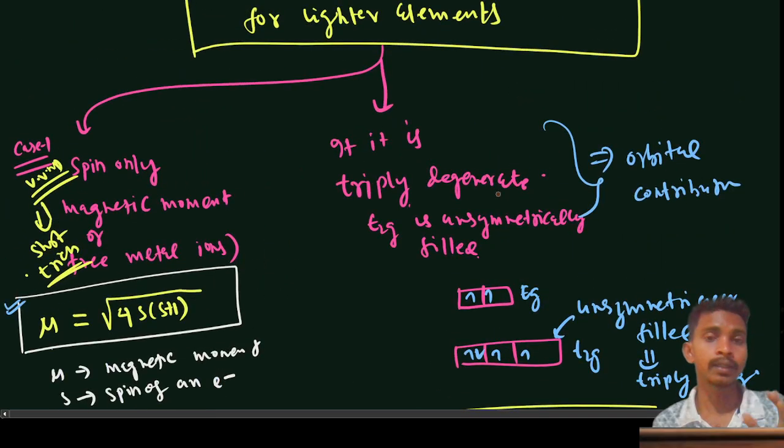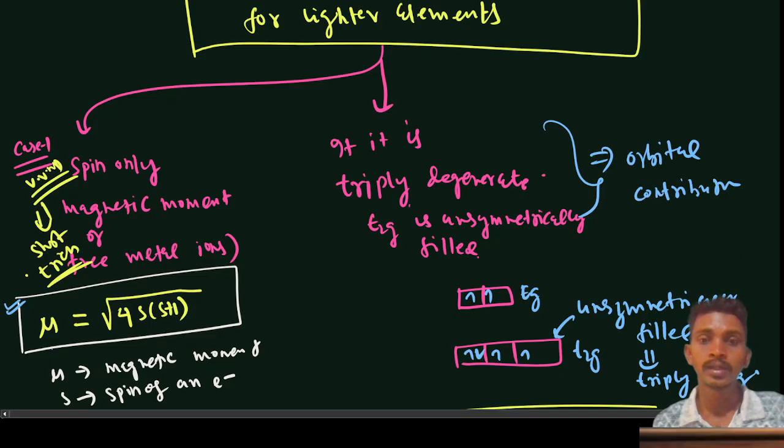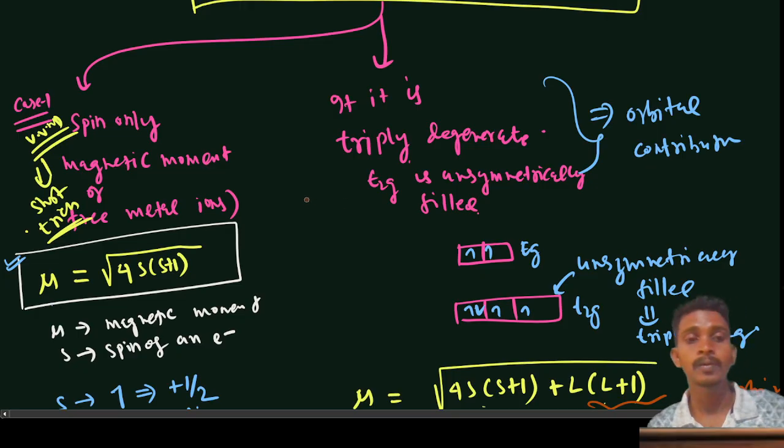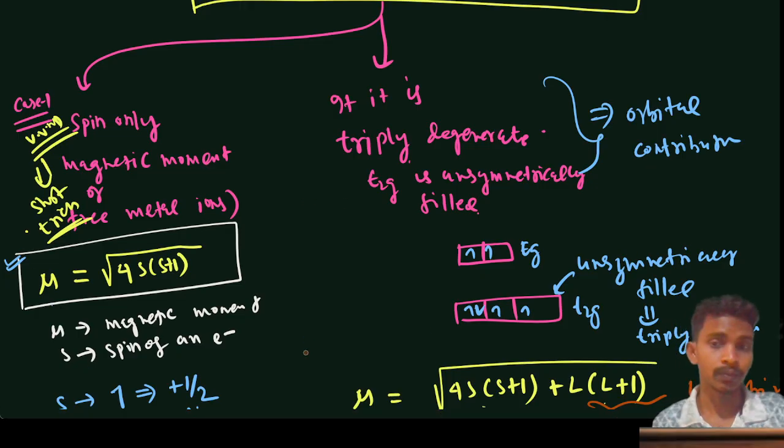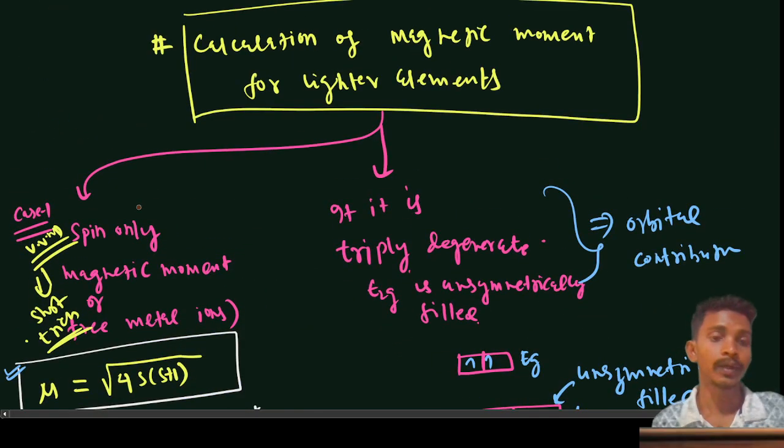So this depends on the question. If it is asked to calculate the spin only magnetic moment, or it may be written free metal ions, then you will not consider anything like triply degenerate or doubly degenerate. We simply calculate it this way. It may be doubly degenerate, it may be triply degenerate, we will not take any of that into consideration.